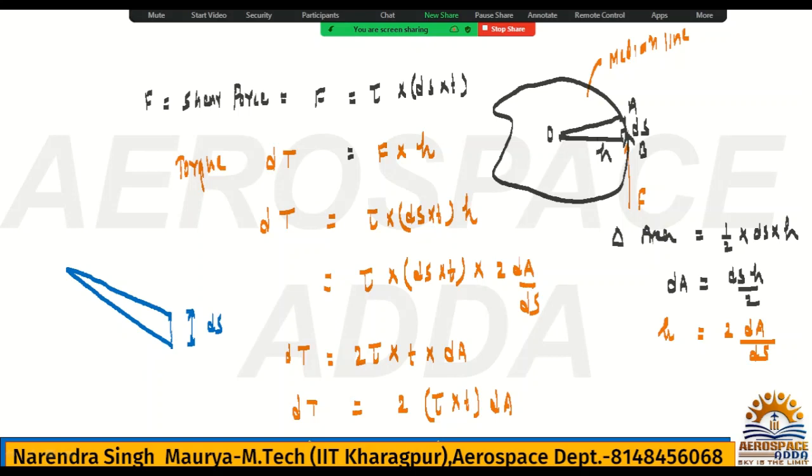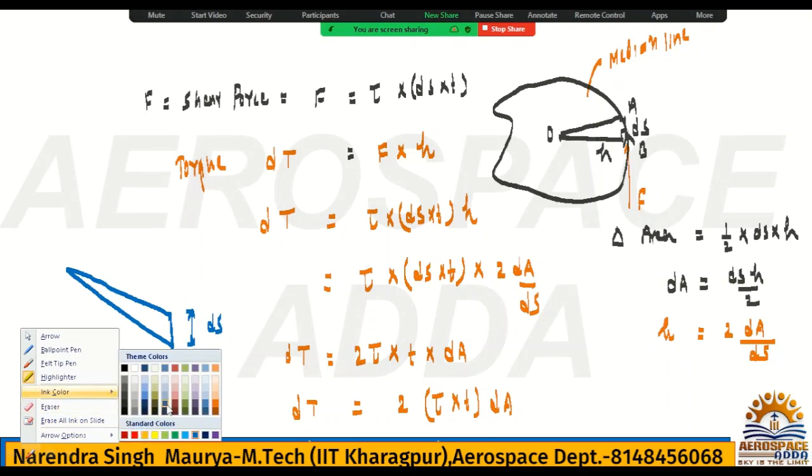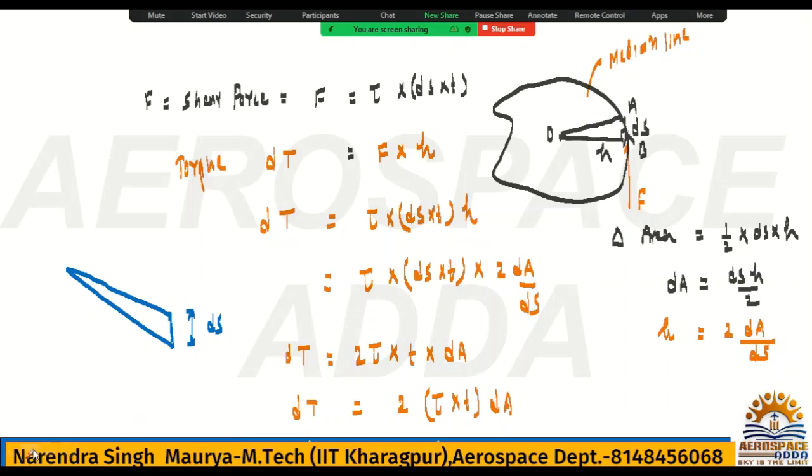Your tangential force was acting along the tangent to the meridian line. This tau is the shear stress, and the force is nothing but shear stress into ds into t, shear stress into area.